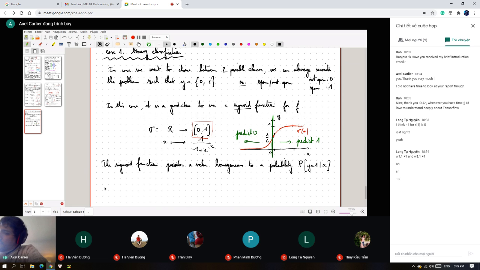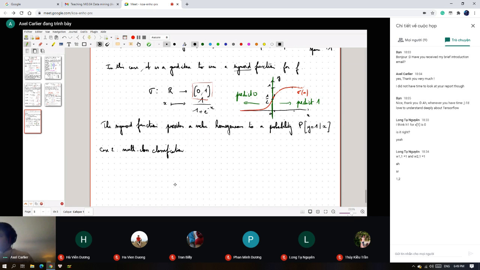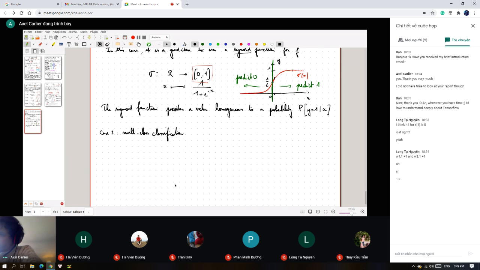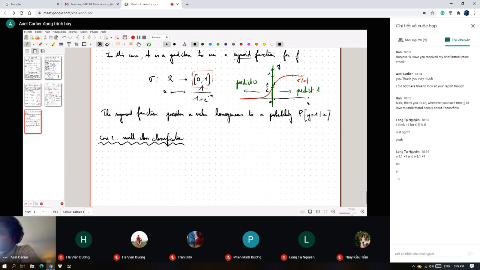And now if we look at multi-class classification, because basically we have two cases. Either we have only two classes, or we have many classes. And in this case, we are not interested in predicting P of y equals 1.